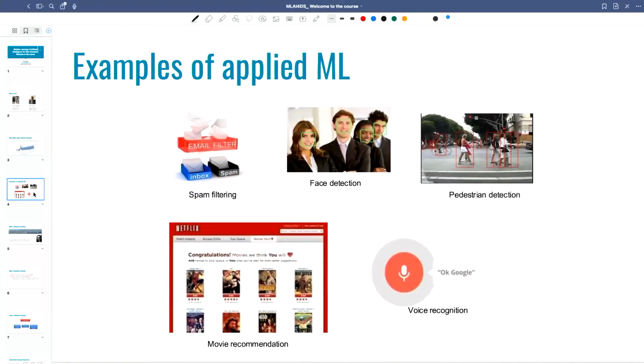So let me start by trying to intrigue you, giving some examples of applied machine learning. Where do we see machine learning? The first one is maybe spam filtering, right? In my university email account, I could easily see that I get a lot of spam emails automatically differentiated from important emails and all dumped in the spam folder.